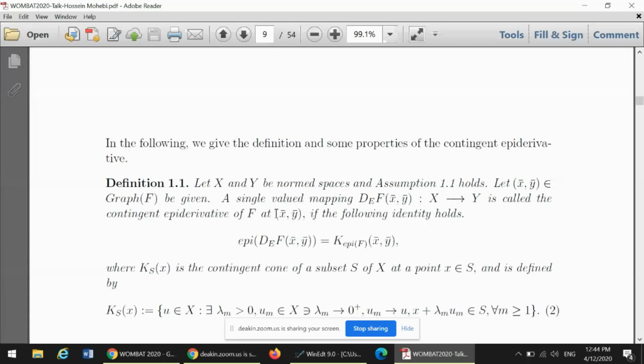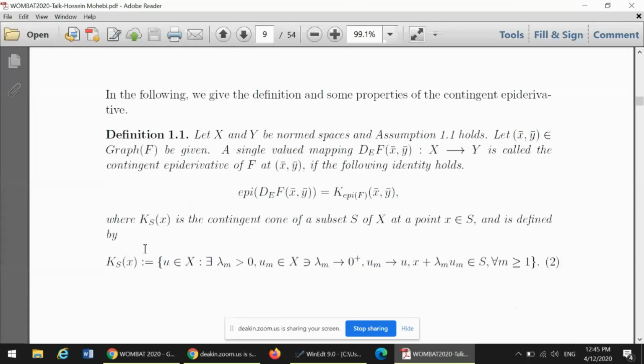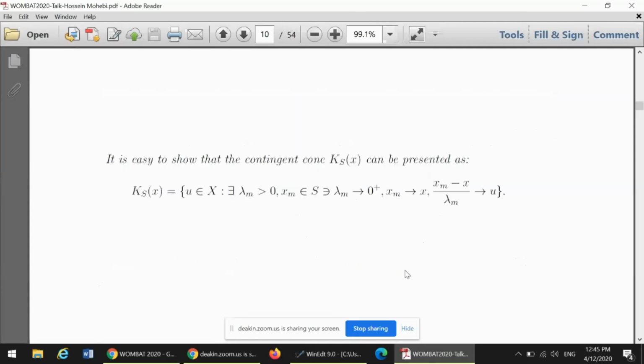The single valued mapping DE F at x bar and y bar from X to Y is called cotangent epiderivative of F at x bar and y bar if the following identity holds, where K of S at x is the cotangent cone of a subset S of X at a point x in S and is defined by the following set. Also, this cotangent cone can be presented by this set.